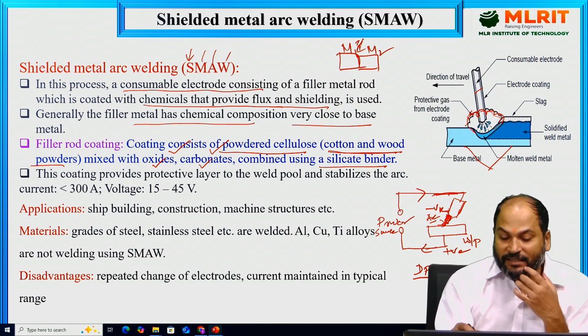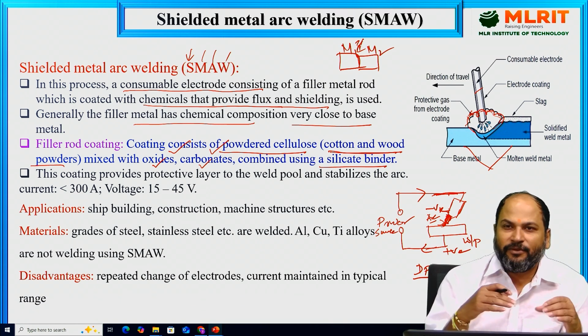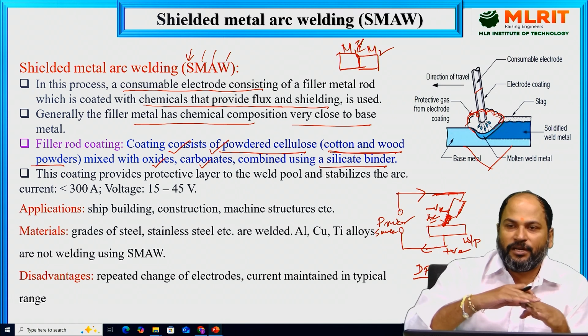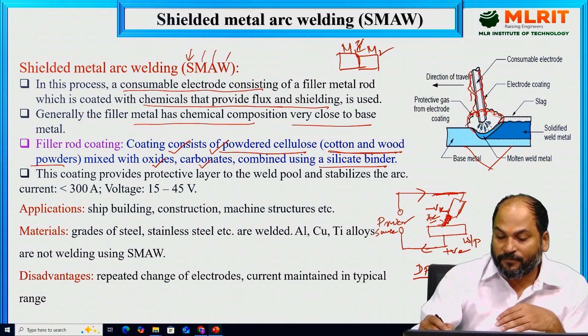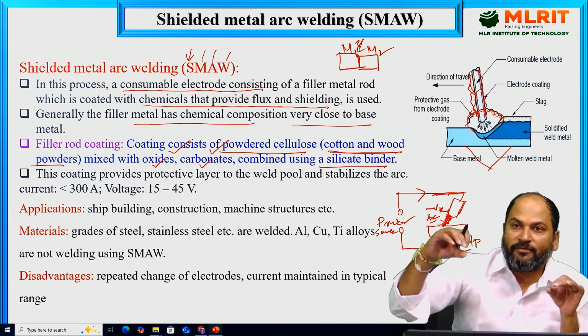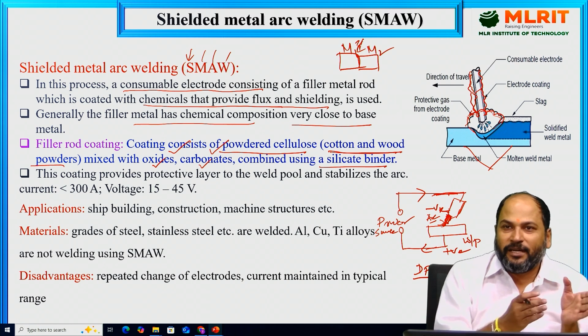Generally this silicate binder is used to combine them, so it will be in semi-liquid form. There will be a coating on the electrode, a very thin layer on this electrode, that is actually the coating.